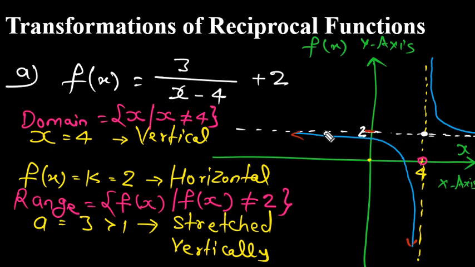Similarly here, at this horizontal asymptote, the graph is approaching but not exactly meeting 2. So that's how you find the information.